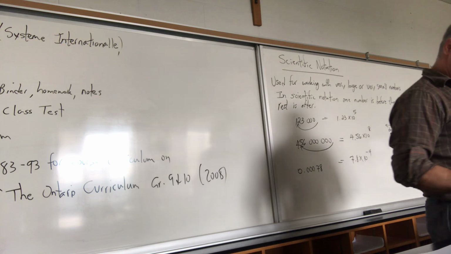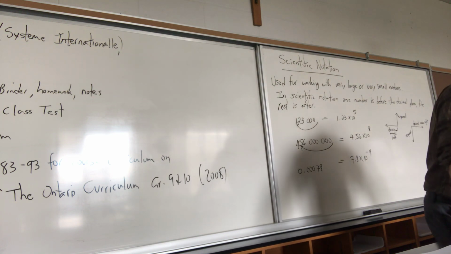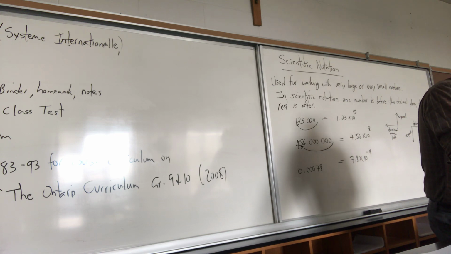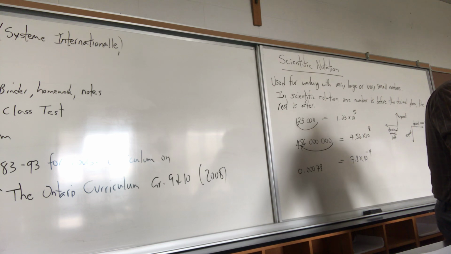Okay, let's look at what it says on page 53. I'll read through it with you. Scientists need to express small measurements such as the mass of the proton at the center of a hydrogen atom, 0 point with about 21 zeros, 1673 kilograms, and large measurements such as the temperature at the center of the sun, 15 million Kelvin.